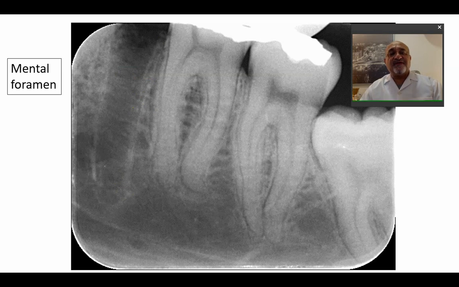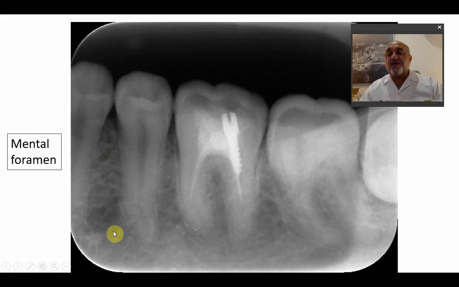The mental foramen is located here more towards the middle third of the root, as you can see over here. In the previous radiograph, it was more towards the first premolar, and the level was even lower.